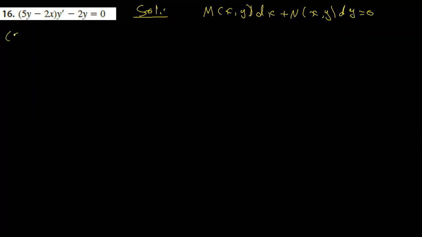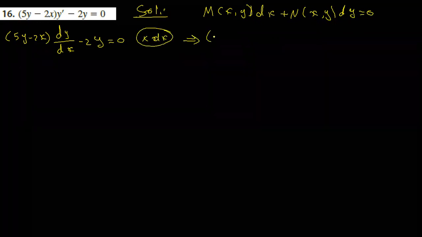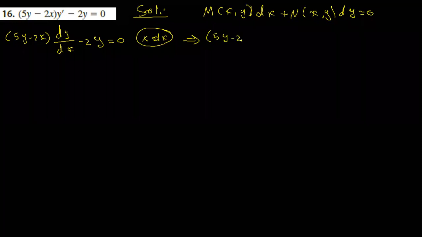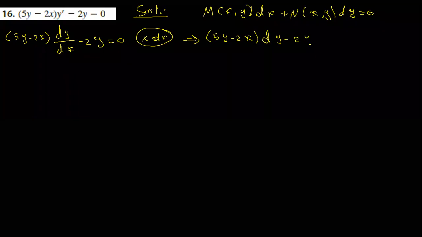So it will be (5y minus 2x) times dy over dx minus 2y equals 0. Now let us multiply by dx. So I will get (5y minus 2x) dy minus 2y dx equals 0.